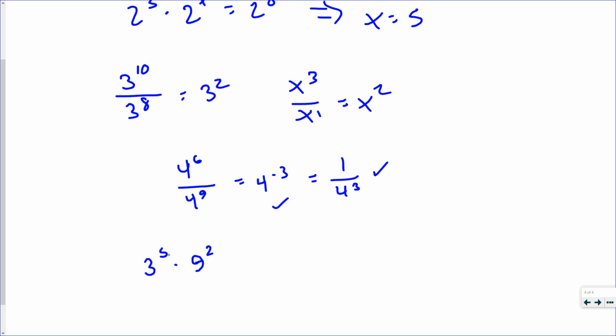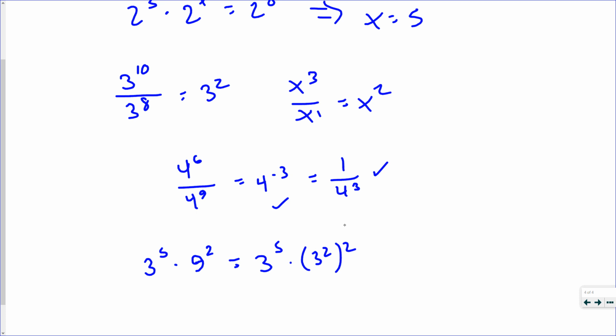However, sometimes you can combine terms where one base is a power of another. Like, look at 9. Isn't 9 equal to 3 times 3? So here's a case where if you rewrite this, 3 to the fifth times 3 squared, squared, because the 9 is 3 squared.